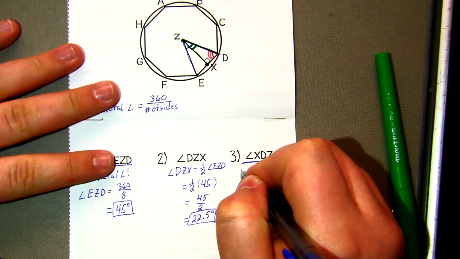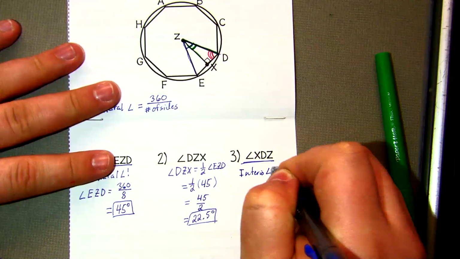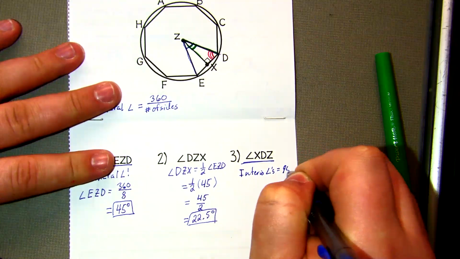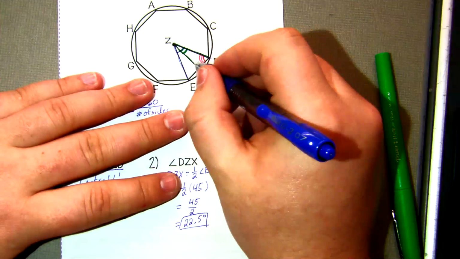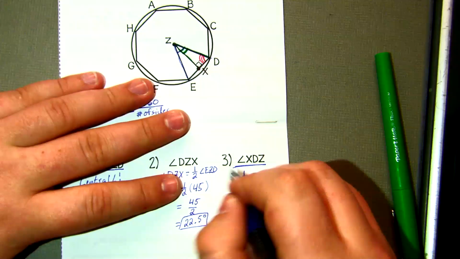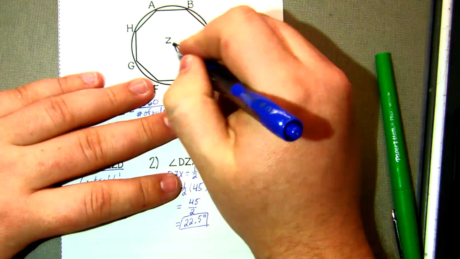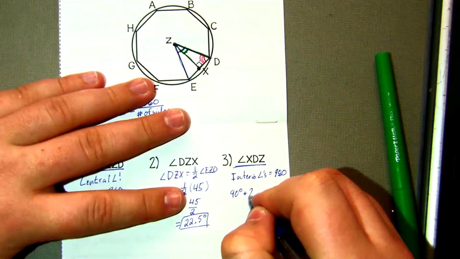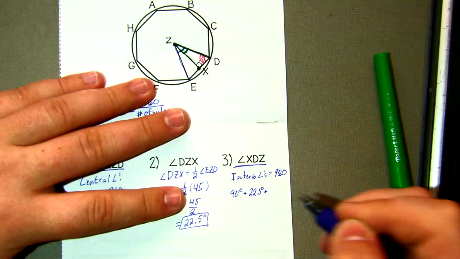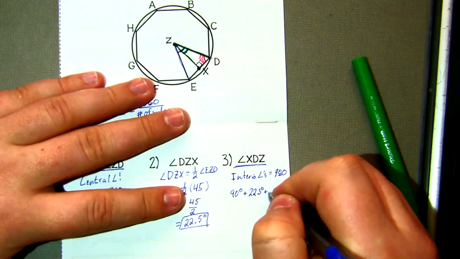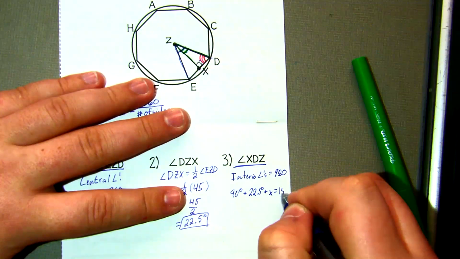We know that the interior angles equal 180. If we look at our triangle, we know we have 90 degrees here. We can say 90 degrees plus, we have 22.5 degrees here, plus 22.5, plus our mystery angle, x, which would be this one, equals 180.